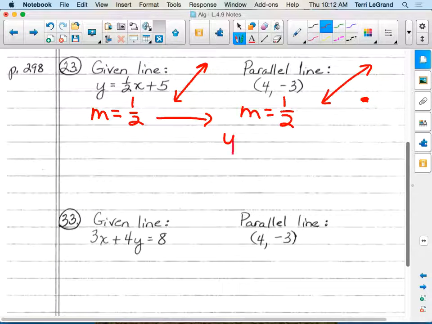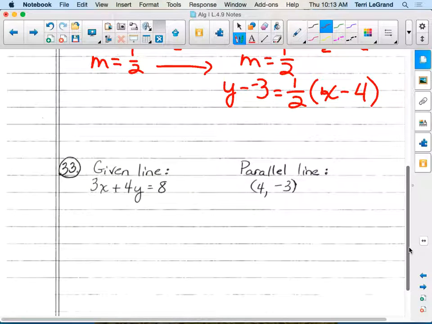So we'll do y subtract what? -3 equals 1/2 times x minus 4. This is why I had to make you redo that assignment. We have to know how to work with point-slope form.